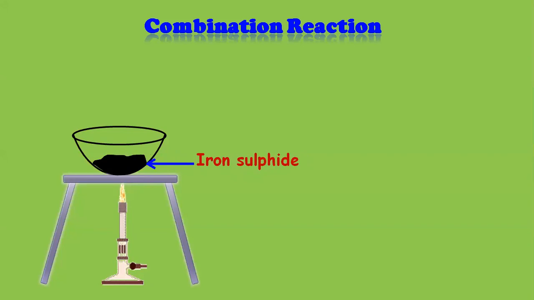The answer to this question is no. It will not be able to attract the iron from it because it has already formed a new substance. That is the gist of a chemical reaction. When the chemical reaction has taken place, we cannot get back the original substance. So now when iron sulfide is formed, I will not be able to attract any more iron if I move a magnet over it. So how do we represent this combination reaction in the form of an equation?